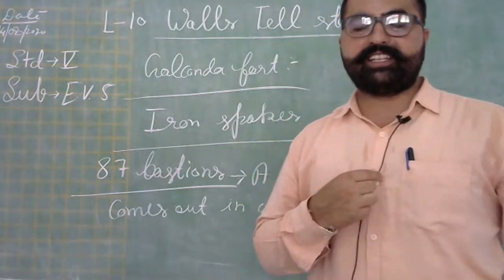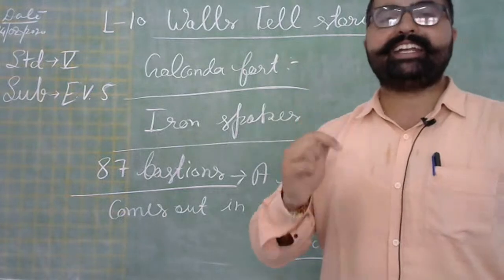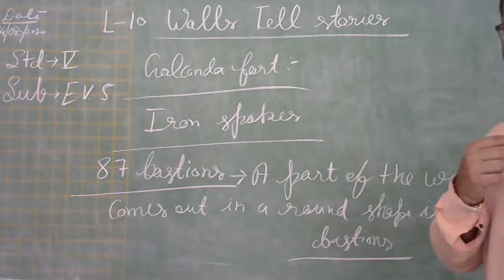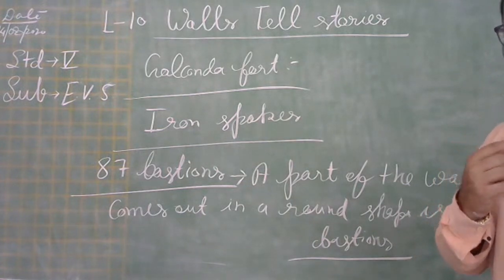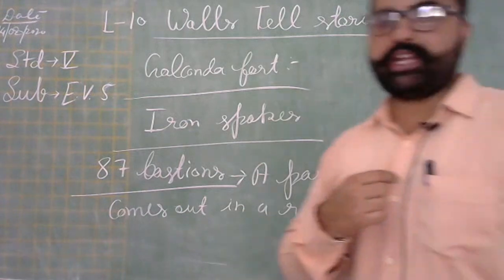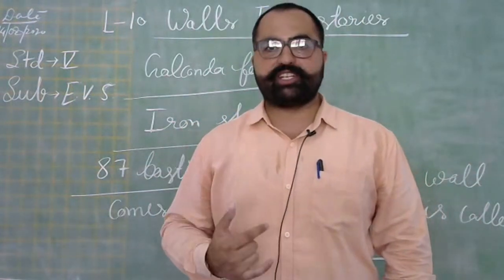Now, how many bastions in the Golconda Fort? That is 87. I hope you can see the board. You can see the bastion in the first picture, but that picture is not so big. A part of the wall that comes out in a round shape is called bastions.